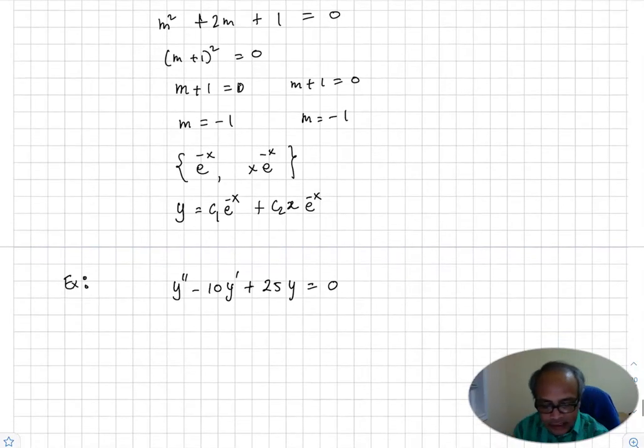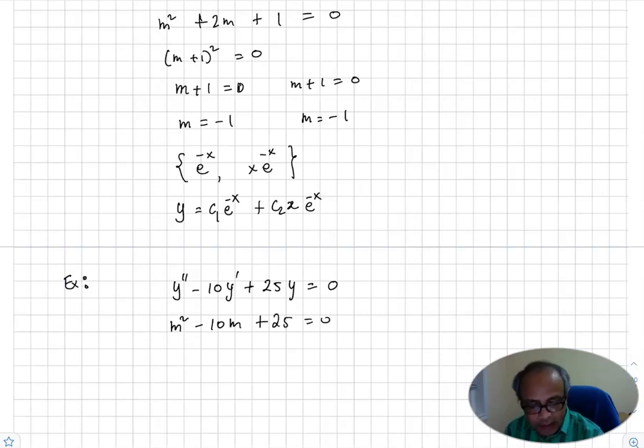If I consider this example, the characteristic polynomial would be m square minus 10m plus 25 equals 0, and you can factor this quadratic into a perfect square, a square minus 2ab plus b square.